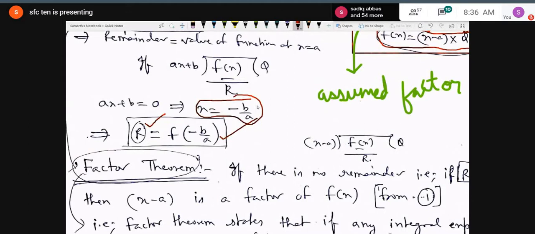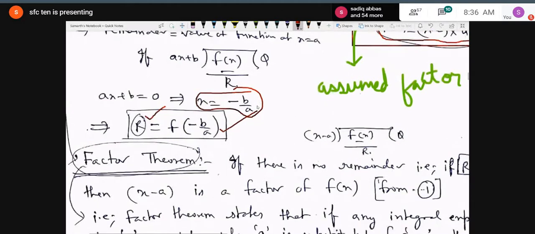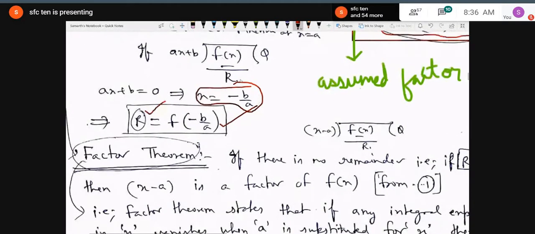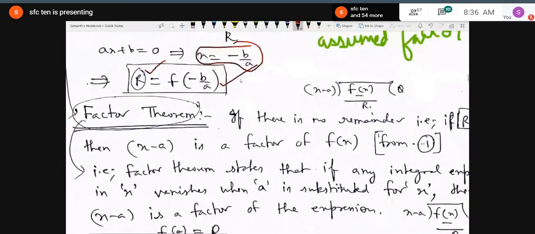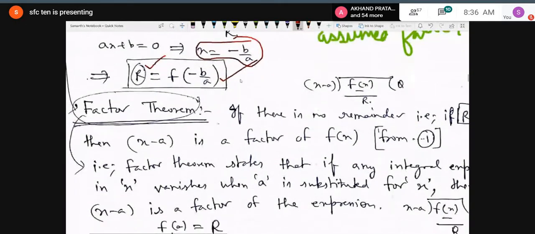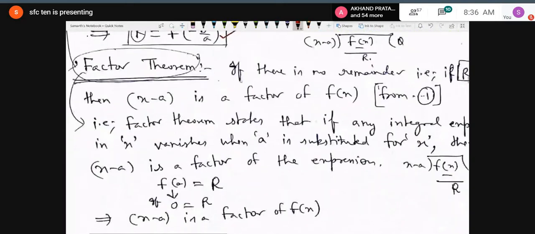Now the remainder theorem and the factor theorem are in fact complements of each other, and they are the same but with a minute difference.